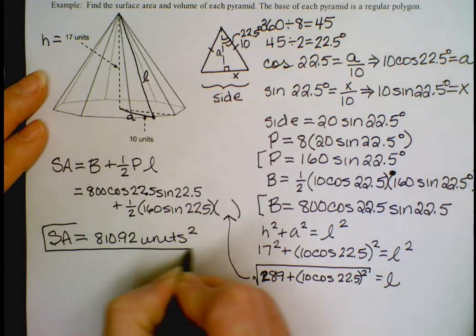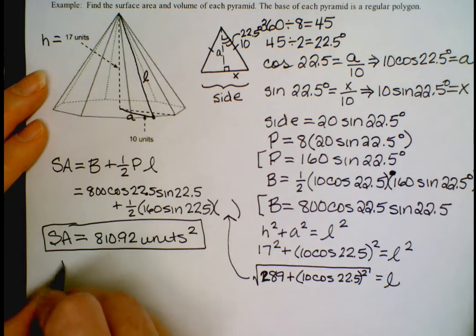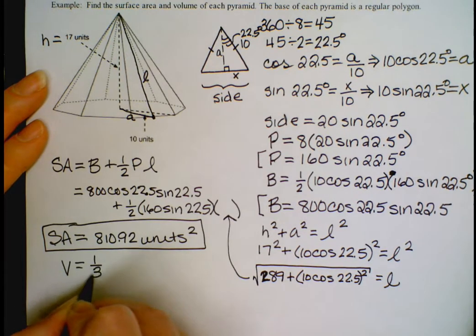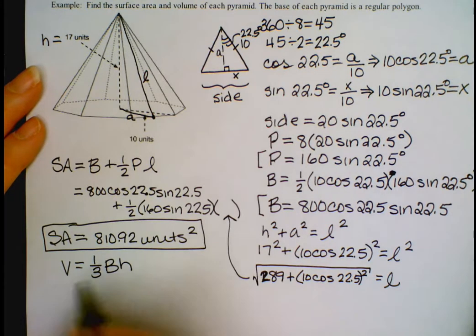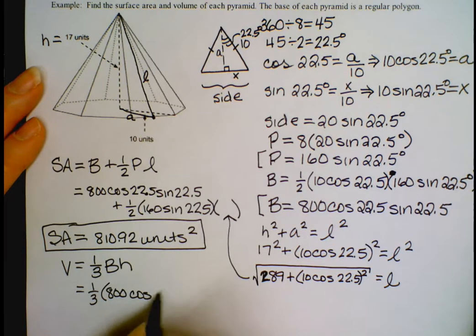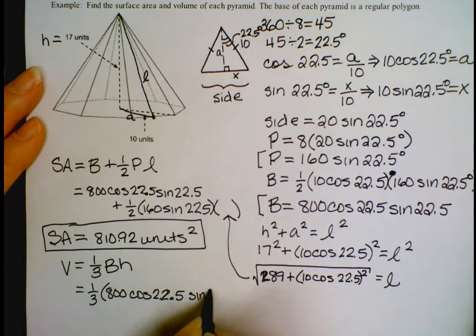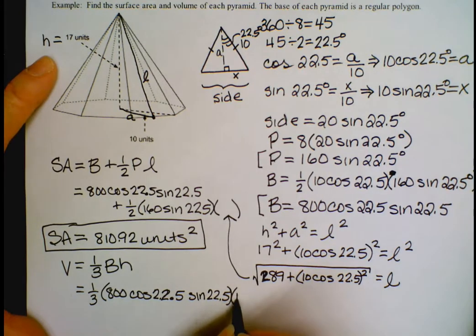For the volume, which is a little simpler in terms of what we have to substitute, 1/3 times the area of the base times the height. So in this case, we're taking 1/3 of 800 cosine 22.5 degrees sine 22.5 degrees, and we multiply it by the height, which was 17.